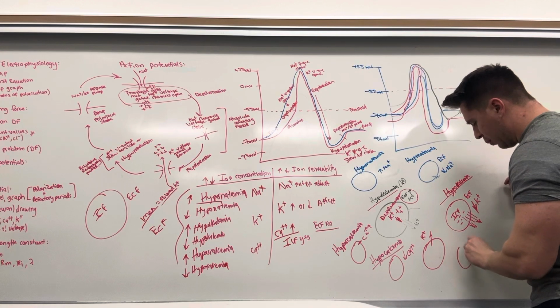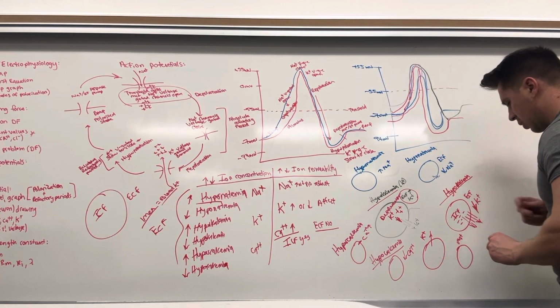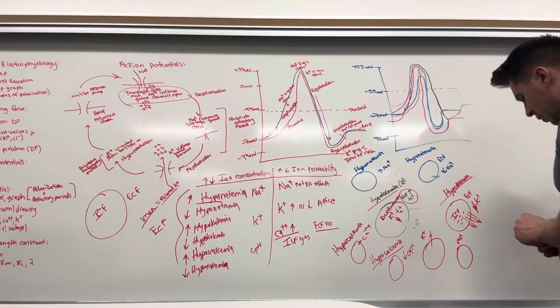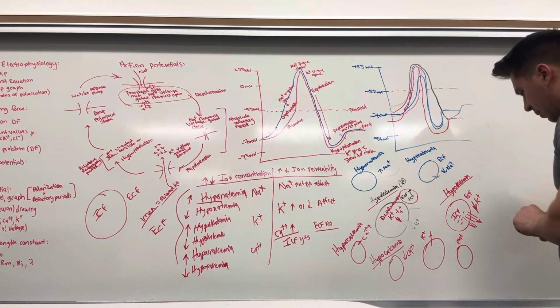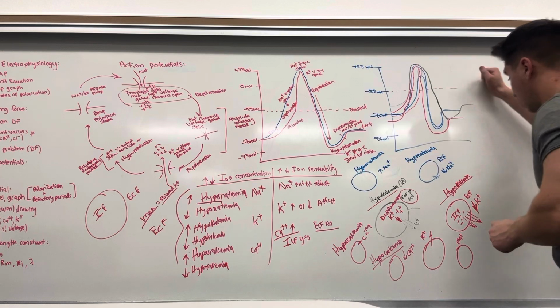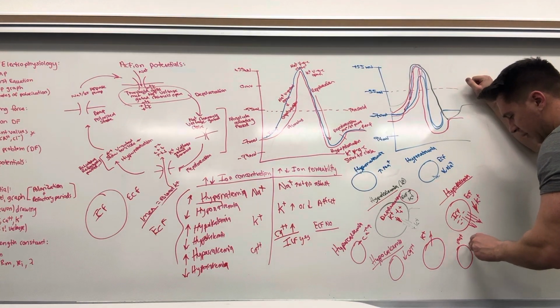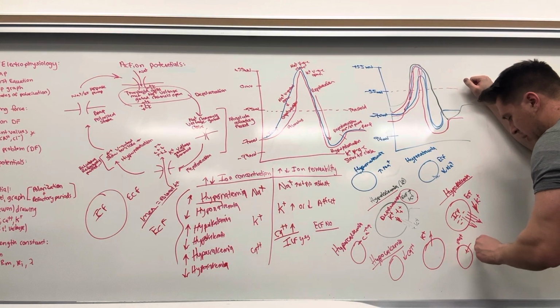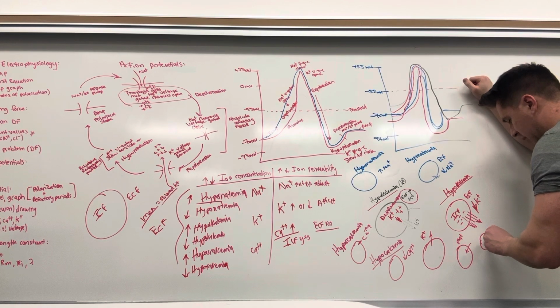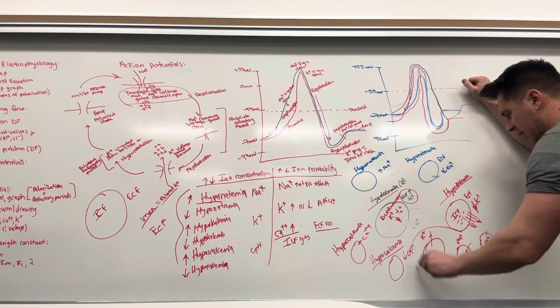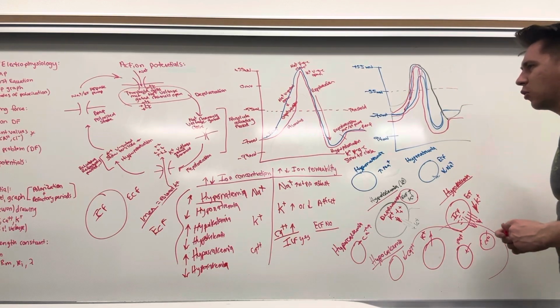And then with permeability of sodium, it wouldn't really have an effect. I guess if it's coming out, it would want to depolarize more if it's coming in. And same thing with the permeability of calcium. And that's how those would work. But I need to look more at that.